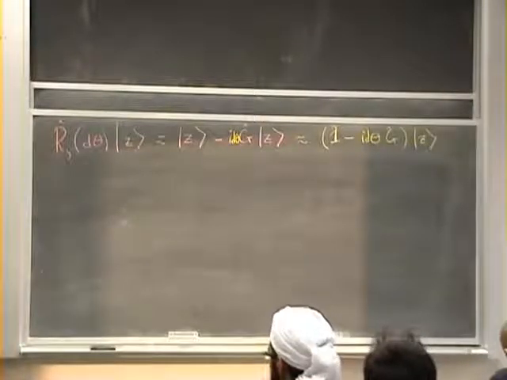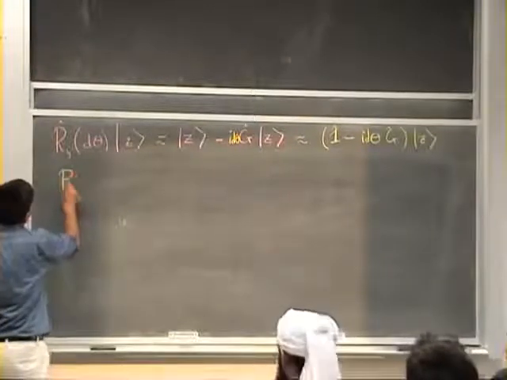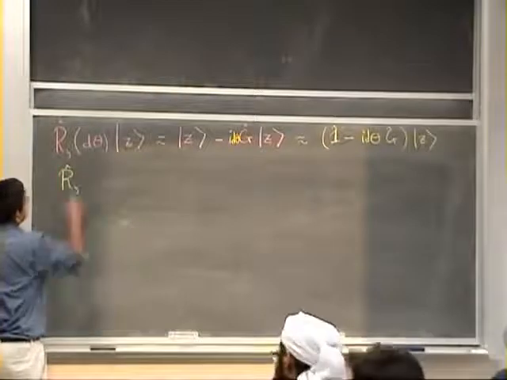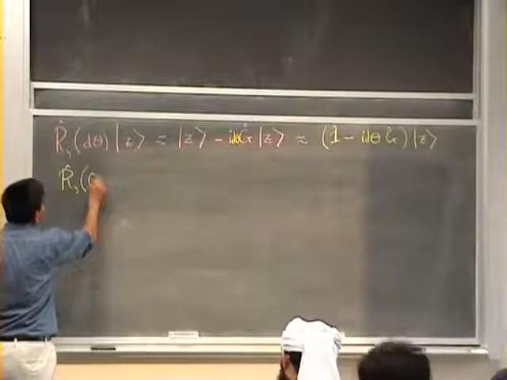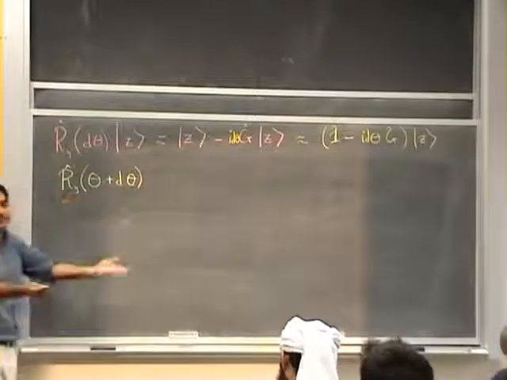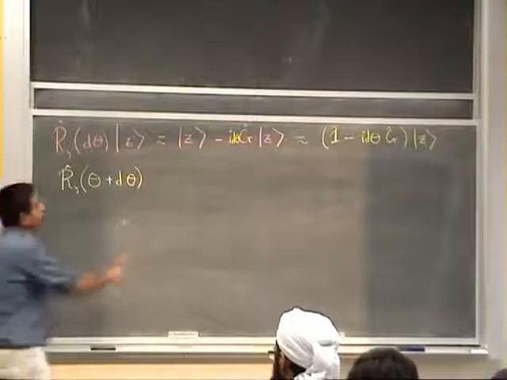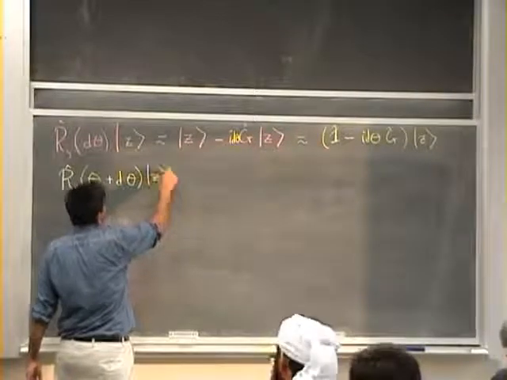ठीक है? ये समझ आ गई बात? Now if I do Ry, I rotate through theta, and then if I rotate through theta as well as d theta, so I rotate through theta plus d theta, and my initial state is still z.